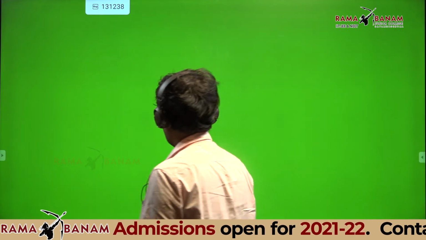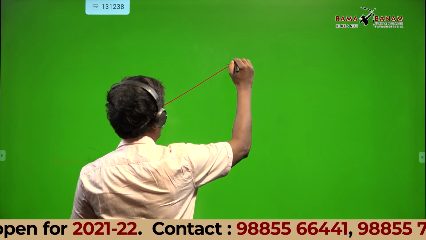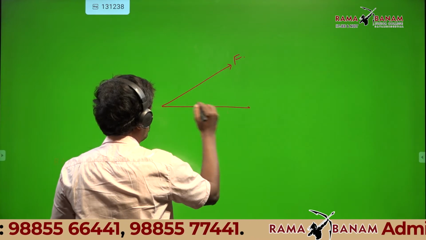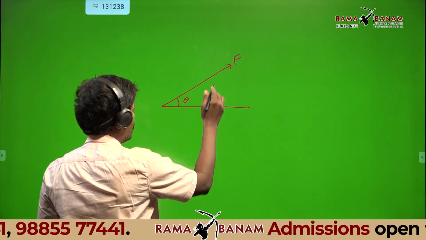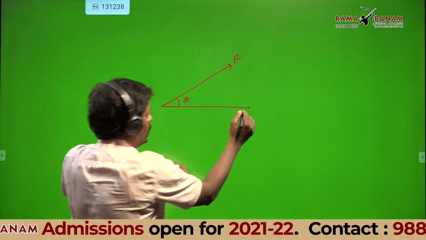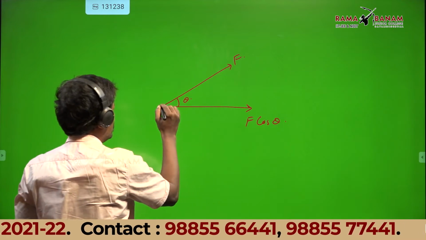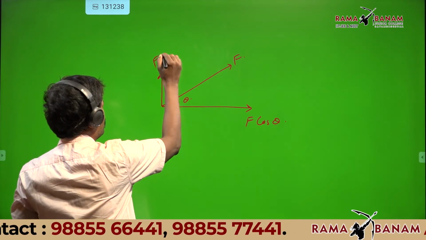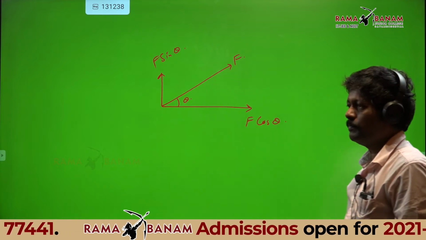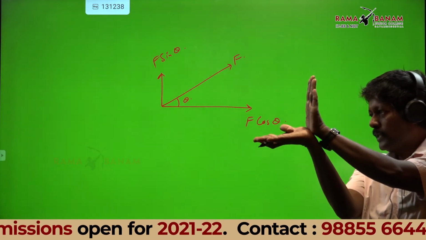Listen. Now if you have a vector, suppose this is a force vector at an angle theta to horizontal. I can split up this force into two parts. One is F cos theta, the other is F sin theta. That means I split up the force vector into two parts perpendicular to each other.